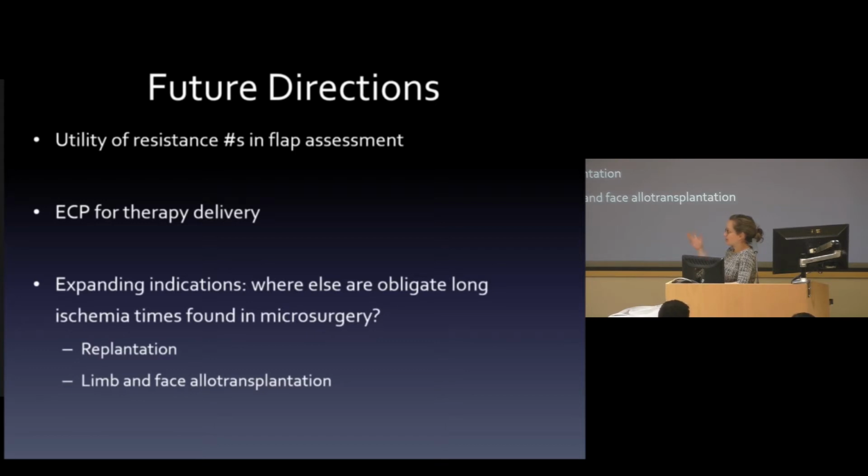But there are lots of other therapies you can deliver during pump time, both for transplants and for flaps. And then expanding indications for using extracorporeal perfusion: there are other areas where long ischemia time is found in plastics and microsurgery. Obvious corollaries would be replantation, and then also limb and face allotransplantation.